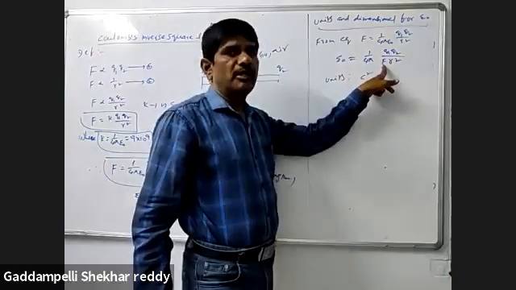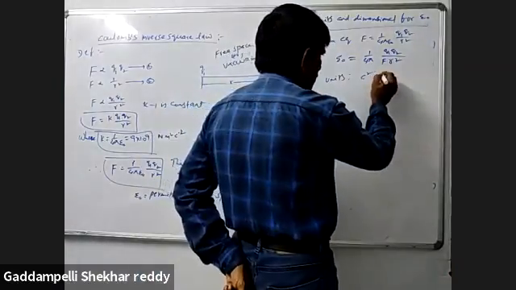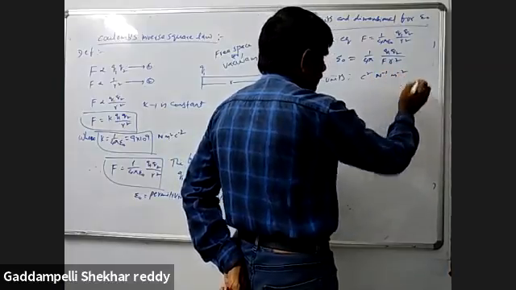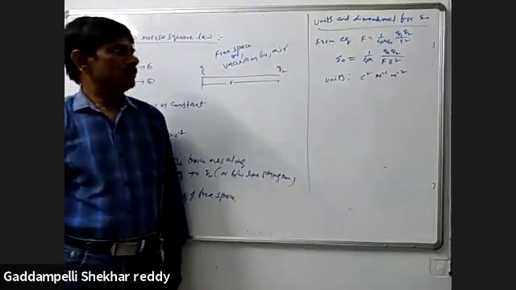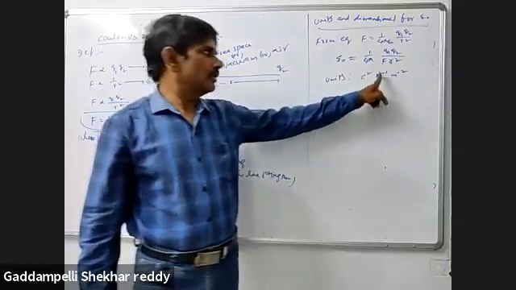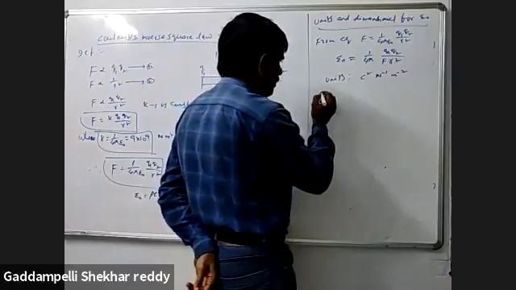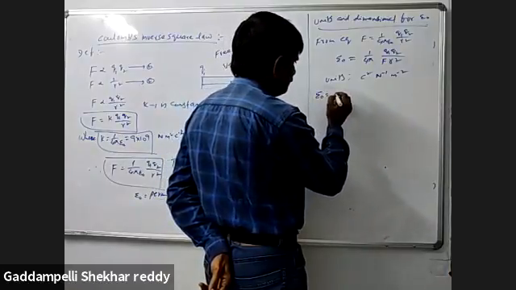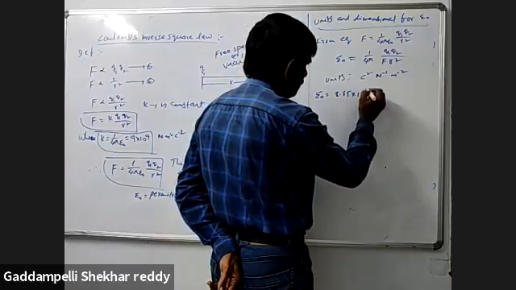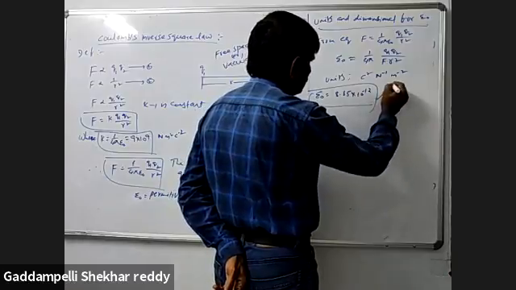Force is in the denominator, units taken as Newton, that means Newton power minus 1, meter square, meter power minus 2. So the epsilon naught units are Coulomb square Newton power minus 1 meter power minus 2. The exact value is 8.85 into 10 power minus 12.